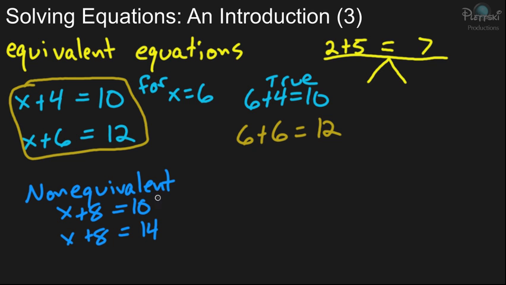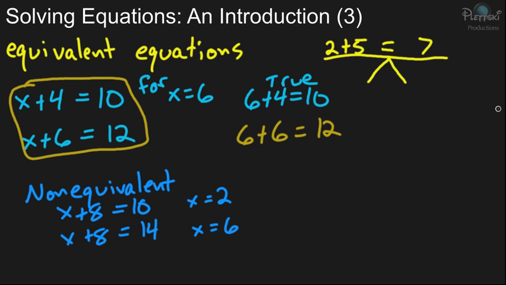The solution set for the first one, x would have to equal 2 for it to be true. And for the second one, x would have to equal 6. So you'll see that they don't have the same solution, therefore they're non-equivalent. You can't plug in the same value for x and have both of them end up being a true statement.